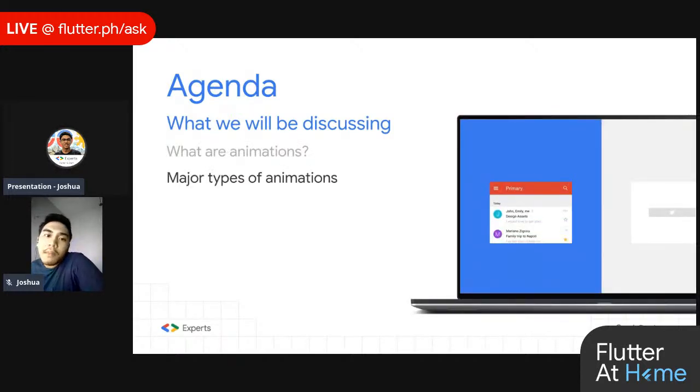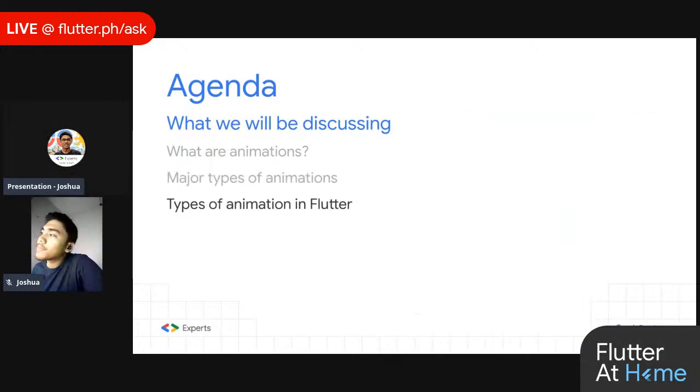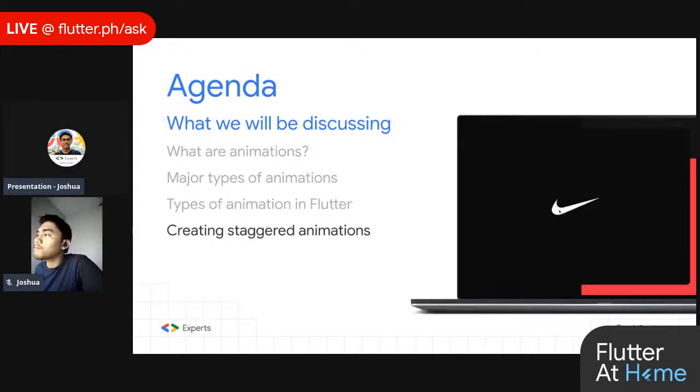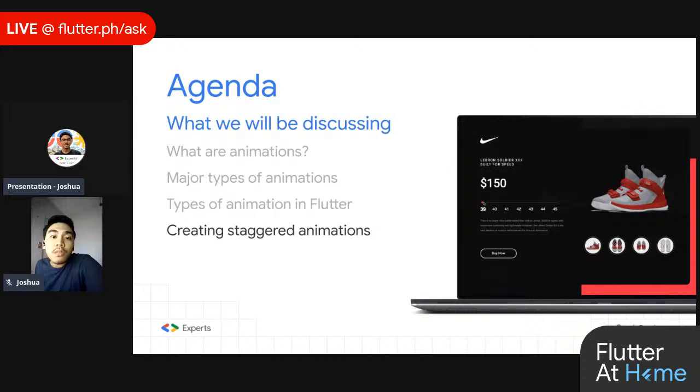Different types of animations, at least based on the research made by Nick Babich from UX Planet. We'll discuss the different types of animations, widgets, animation systems, and tooling you can use in Flutter to be able to animate your application. And last but not the least, we'll try to create our very own staggered animations.